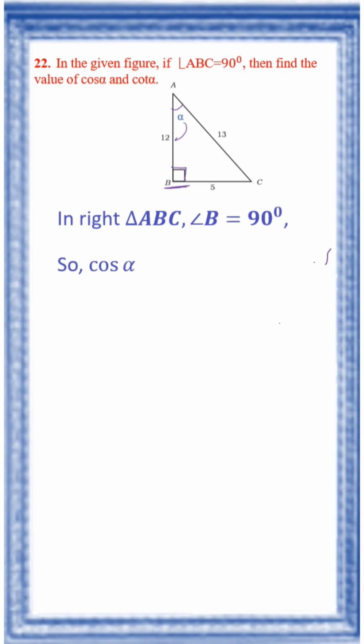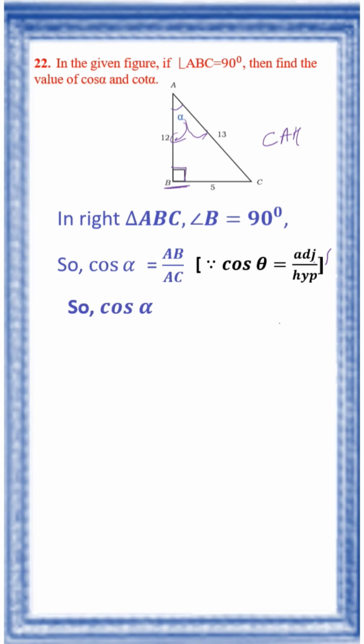Adjacent side by hypotenuse, CAH. So it is equal to AB by AC, because cos theta is equal to adjacent by hypotenuse. AB is 12, hypotenuse is 13, so cos alpha is 12 by 13.